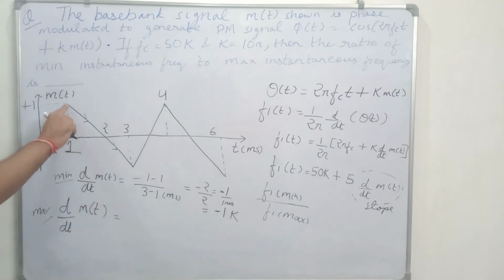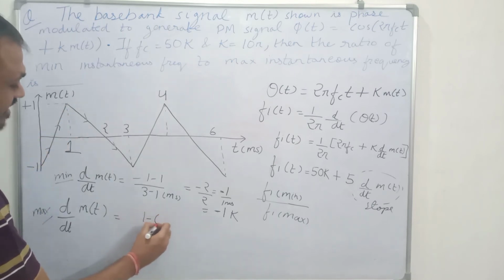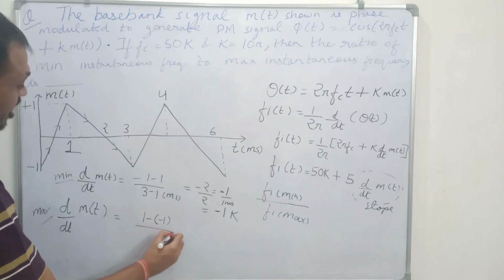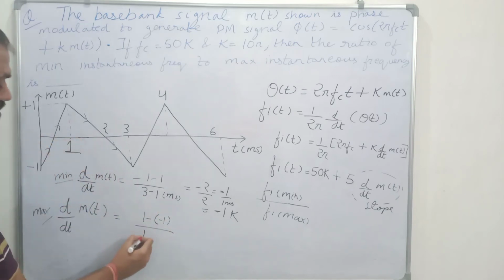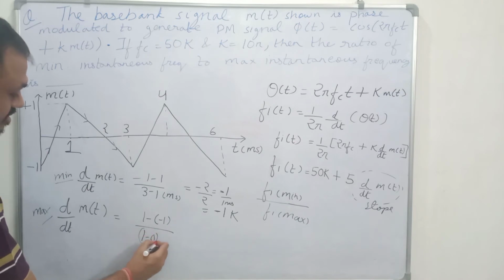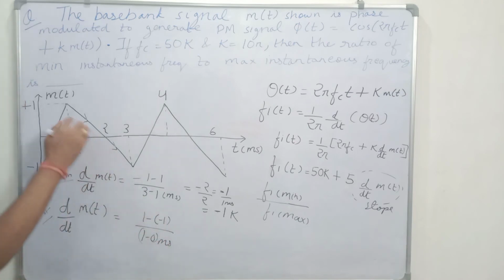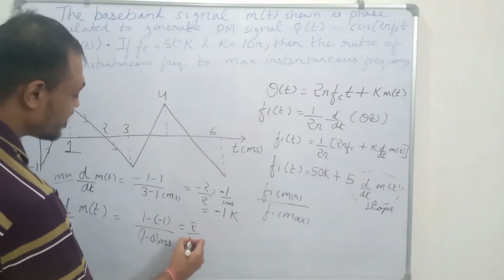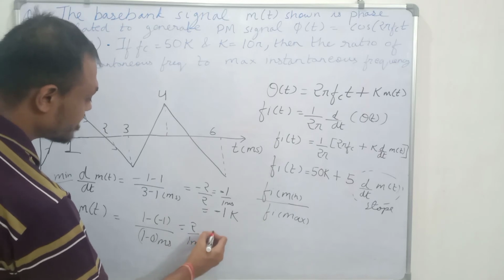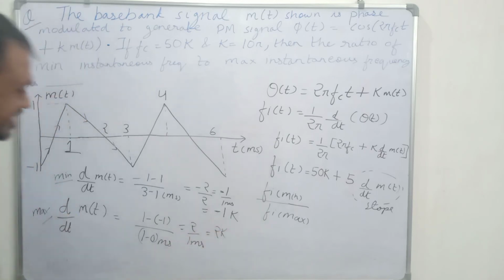The final value is 1 and the initial value is minus 1, so 1 minus of minus 1, upon the final time 1 and the initial time 0, so 1 minus 0 milliseconds. So it will be equal to 2 upon 1 millisecond, which is 2k. This is the maximum slope.